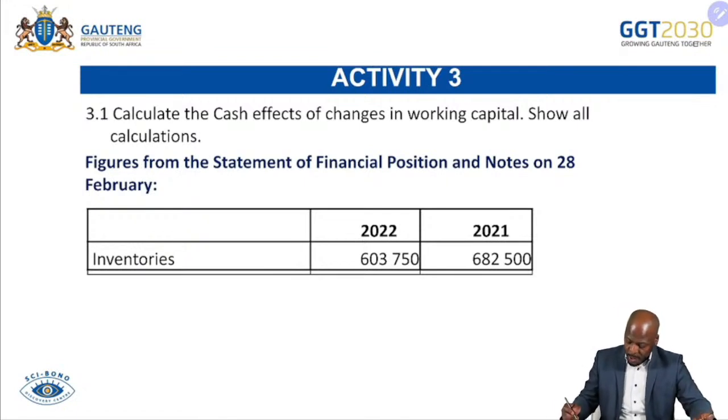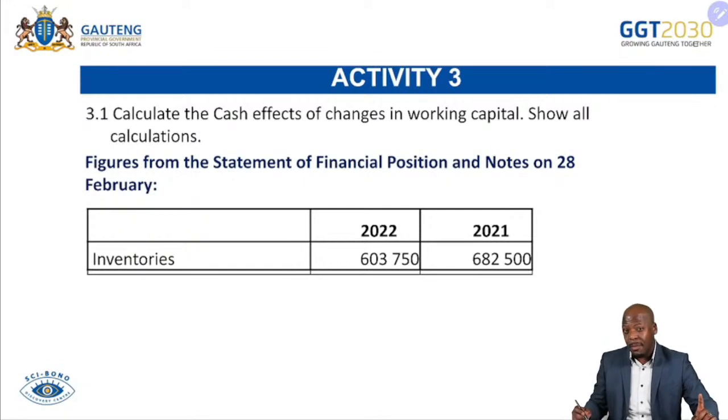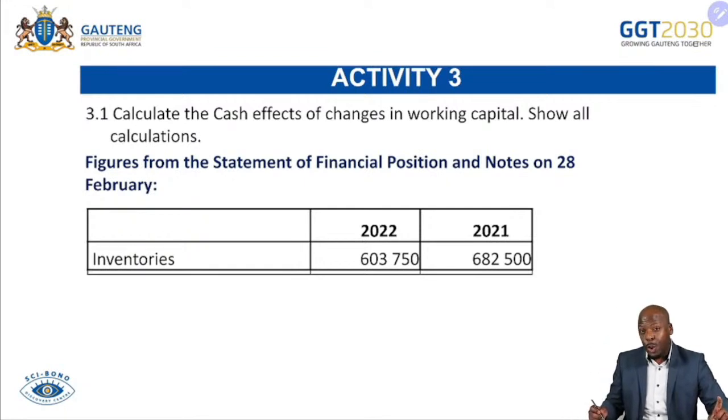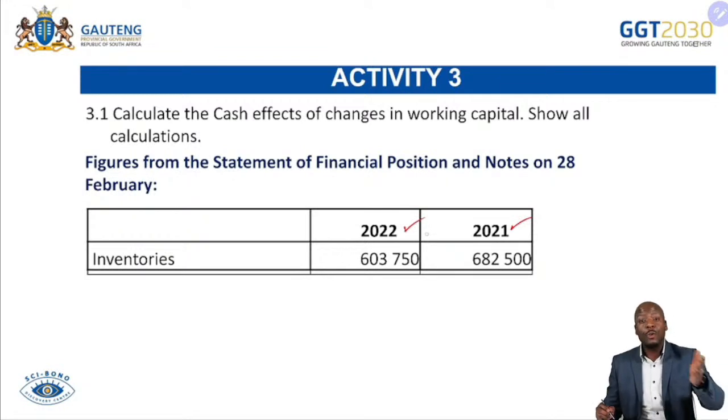In this particular case, it is important in the exam that you take note of your years. This is 2021 and this is 2022. You should remember to check your years lest you look at them the opposite way. If you look at it, it's 682,500 and then it has gone down to 603,750. In other words, we are having a decrease.